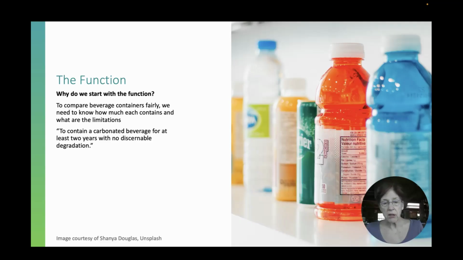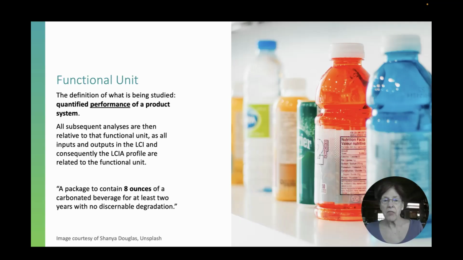So the function starts us off, and then the functional unit defines what's being studied and includes a quantified performance of the product system. So that's where we get into that 2 years with no degradation for the carbonated beverage, the ability to carry a ladder for that truck or the vehicle. You could use a van, right? Because the van could have a ladder on it.